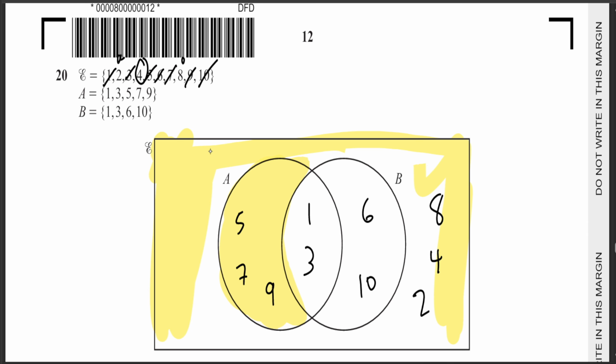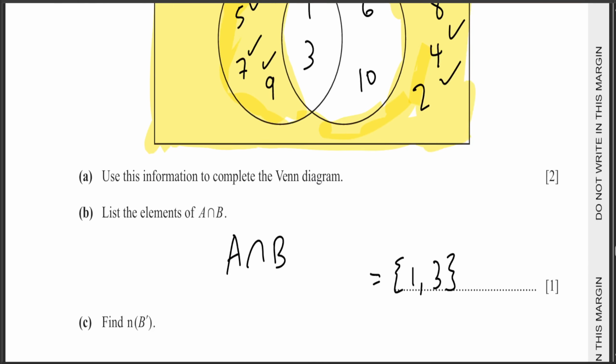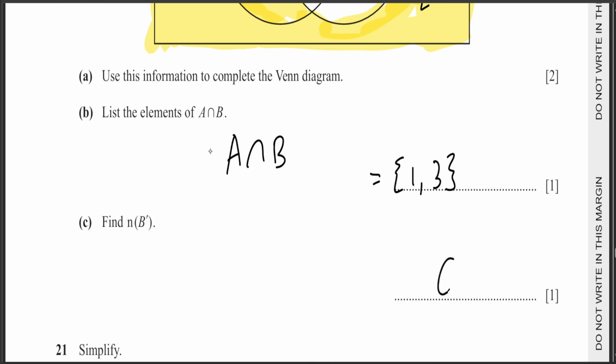Anything that is not in B is this region here that I've shaded just now. You're asked how many numbers. So let's see how many numbers are not in B. The numbers that are not in B are 1, 2, 3, 4, 5, and 6. So only 6 numbers.